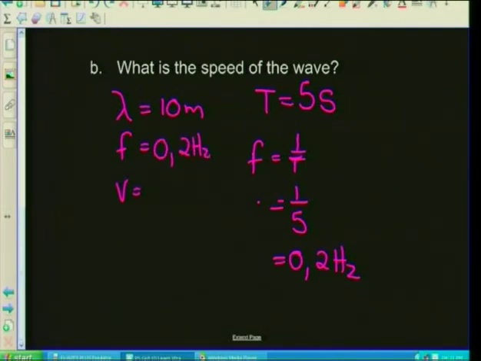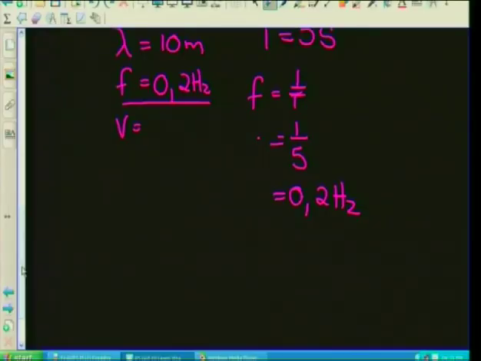Now, and this is a personal thing for me, I like to underline an answer I put in because then I remember I had to find that out. If we can at all avoid using something we've worked out earlier on, just in case we made a mistake, then that's what we do. But here we're going to have to use what we've worked out. So now I know that my frequency is 0.2. I know the wavelength. We can do this.